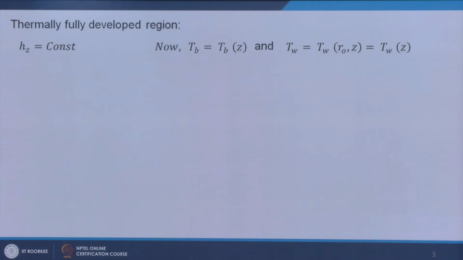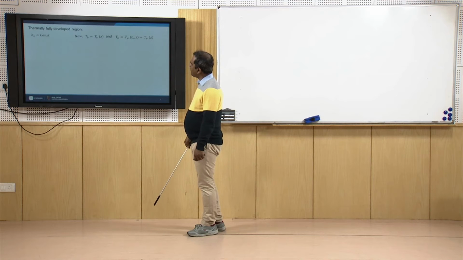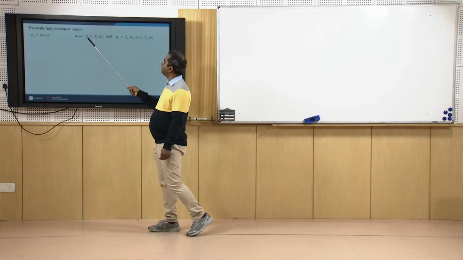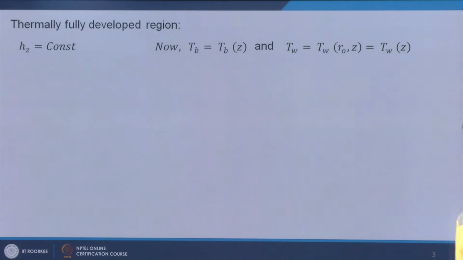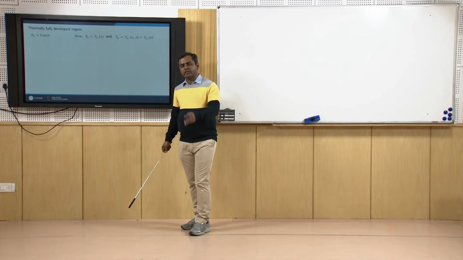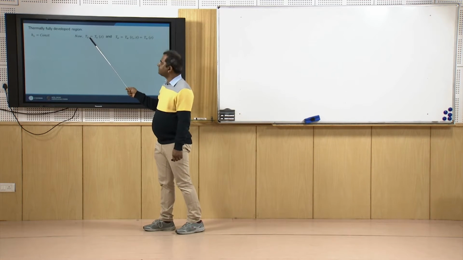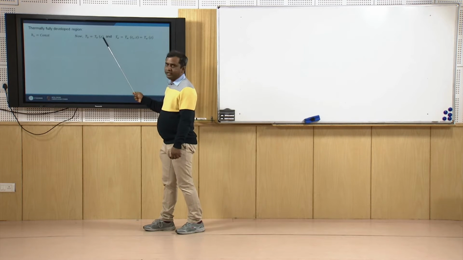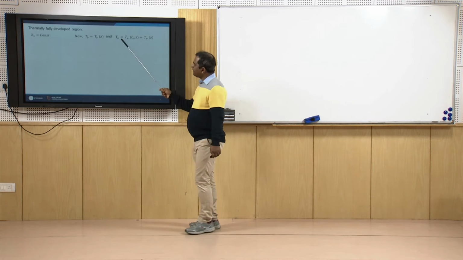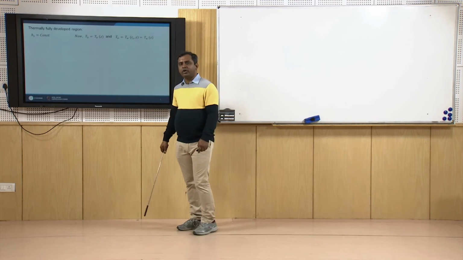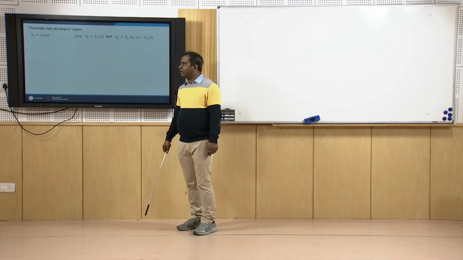As Hz is constant, let me see what the other quantities are. For example, bulk temperature is obtained by integration over the radial plane, so it will definitely not depend on the radius; it is a function of z only. On the other hand, wall temperature obviously will not depend on the radial plane.